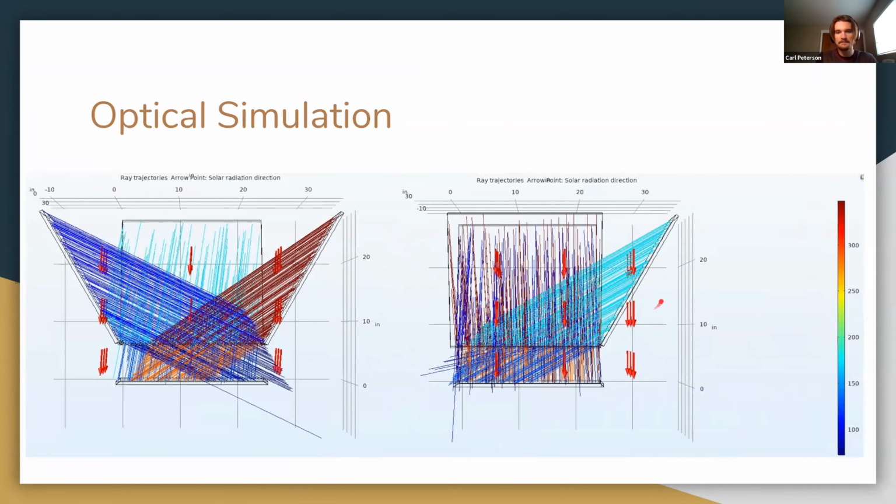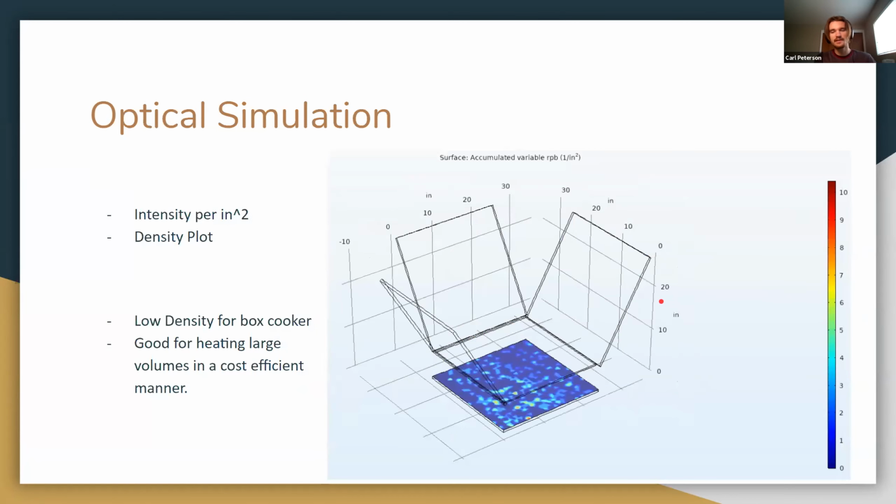The next slide shows how many of those rays hit the base plate. We ran a simulation to trap all rays that hit the base plate, and you can see a pretty uniform density of the intensity.